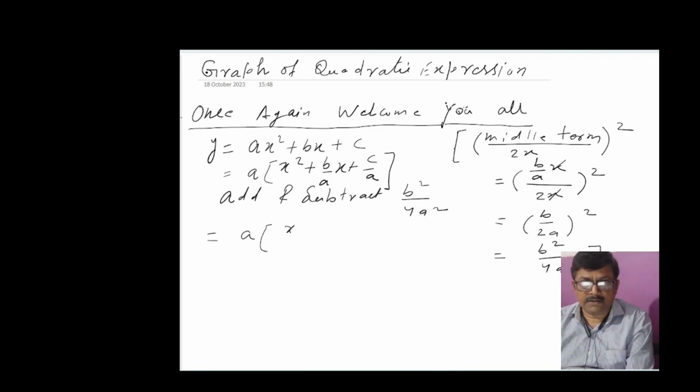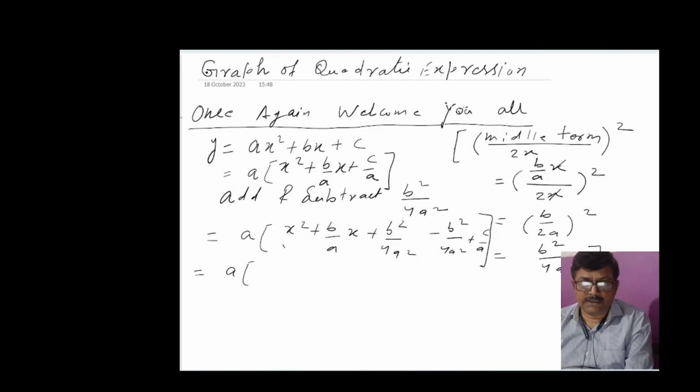So add: x square plus b upon a into x, add b square upon 4a square, subtract b square upon 4a square, plus c upon a. Correct? Okay.